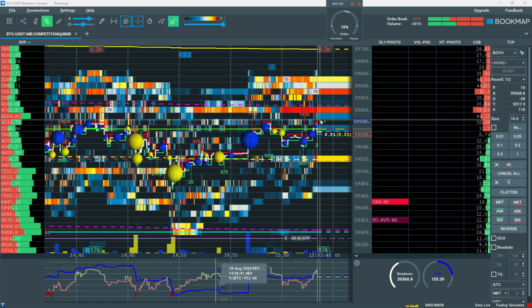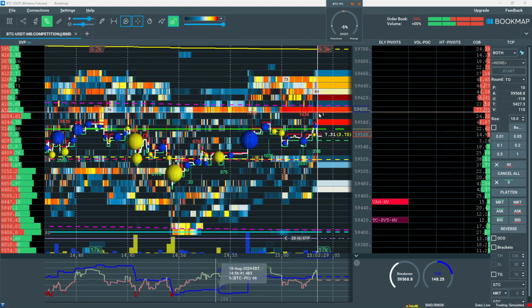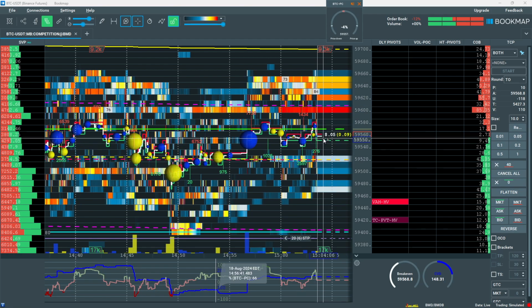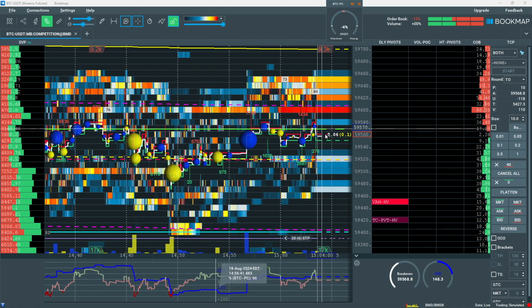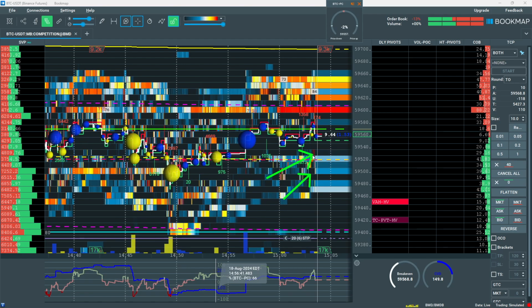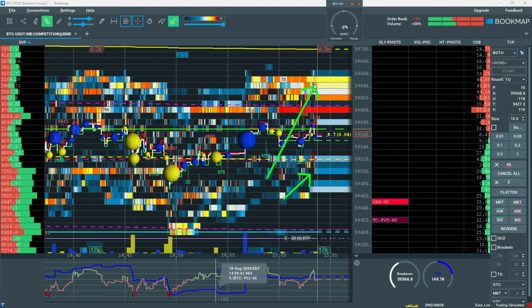All right, so I want to see some big buyers take on this heavy liquidity on the offer here. It's looking like sellers could step in anytime, but right now we have some liquidity stepping in here. That's looking good. There's still more on the offer than the bid.